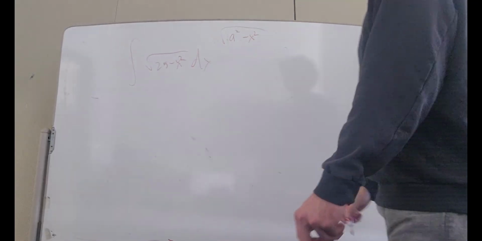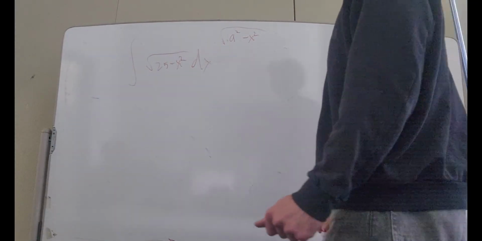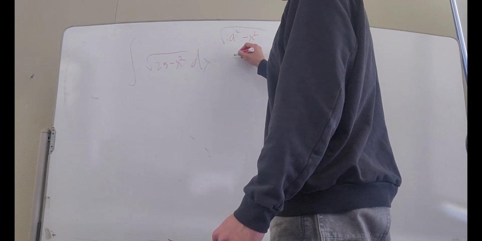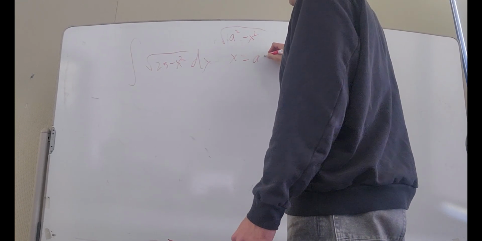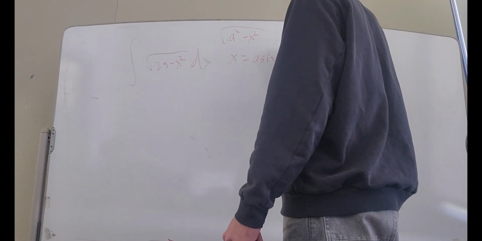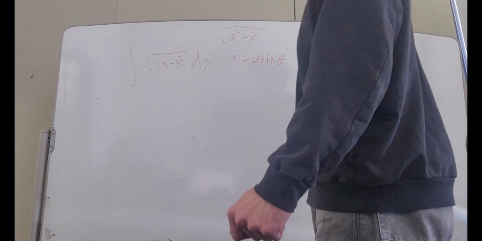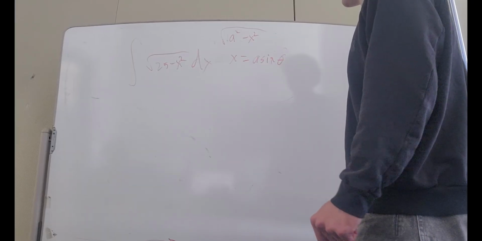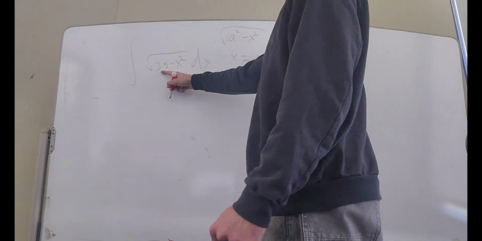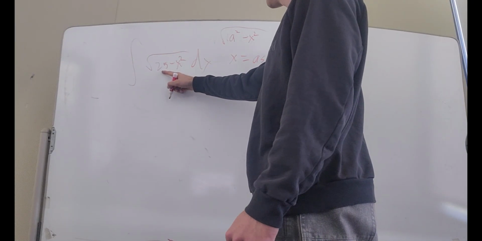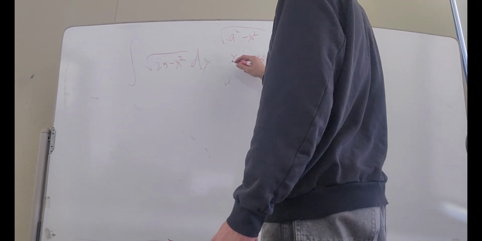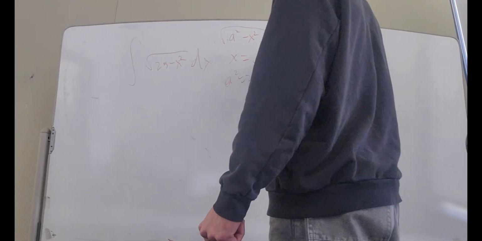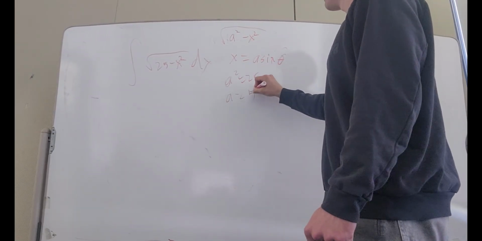When we have this form, we use a substitution of x equals a sine of theta. Our a squared value is 25, and if a squared equals 25, then a equals 5.